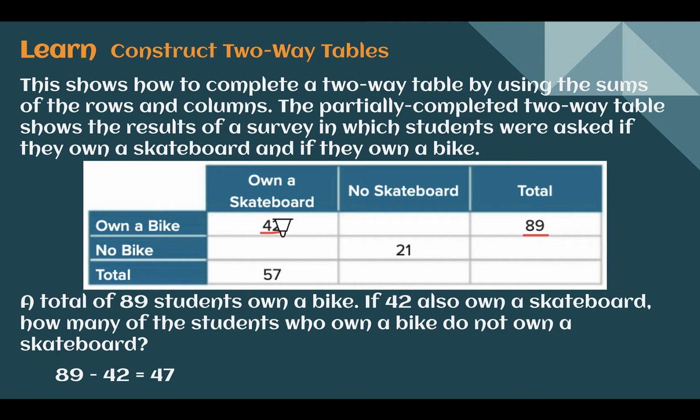If 42 of them also own a skateboard, how many of them do not own a skateboard? We can just figure out what do we have to add to get to 89, or subtract to go backwards. So if we're filling in that box there, 89 minus 42 is 47. So 47 people own a bike, but do not own a skateboard.